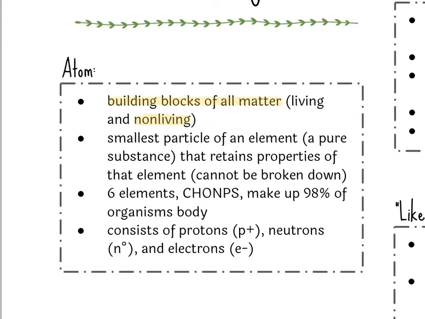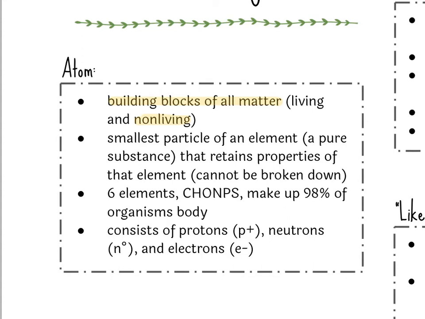So an atom, its definition, is the smallest particle of an element. And an element is just a pure substance. You've heard of elements before, and we'll talk about plenty in this class. But an element is just a pure substance, one thing. And that element is made up of an atom.